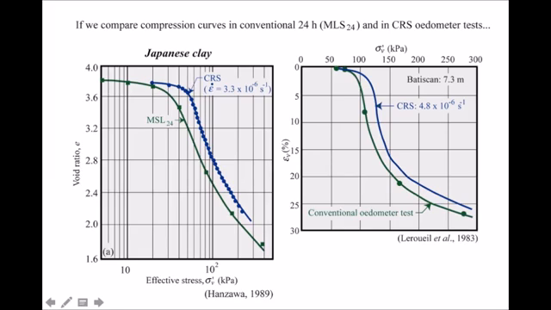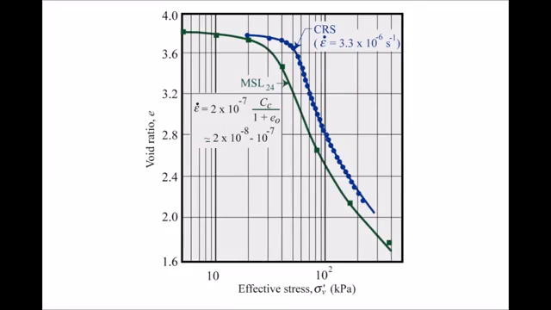strain rate. This has been observed on many clays, here Japanese and Quebec clays, and it can be shown that the strain rate is in this order, slightly less than 10⁻⁷, as I was saying before.